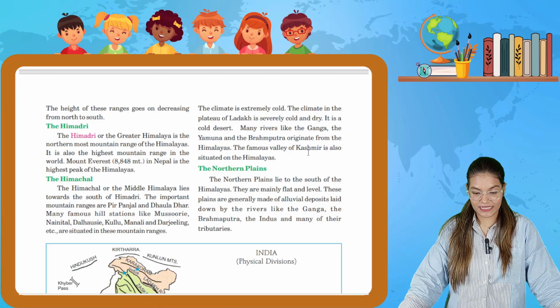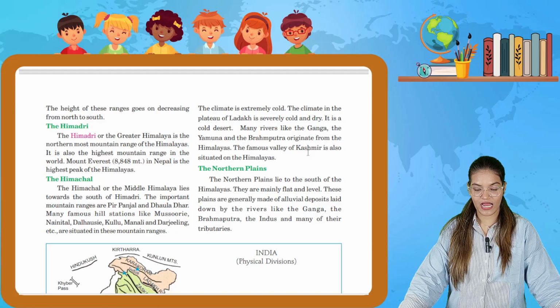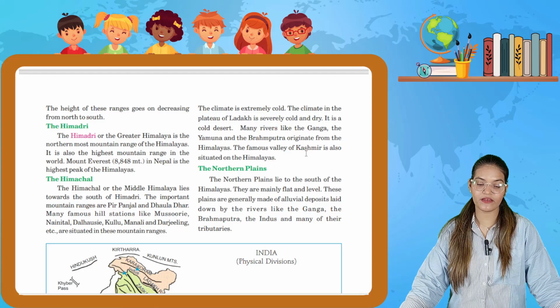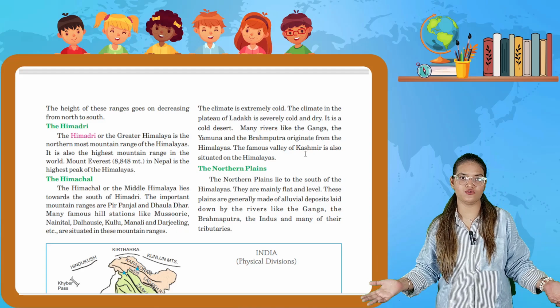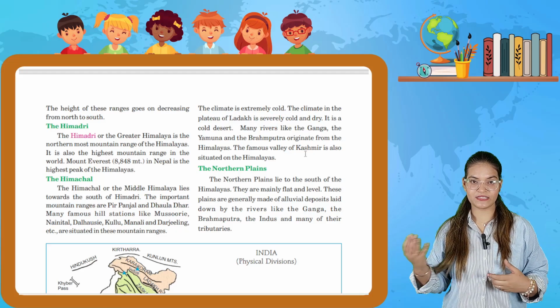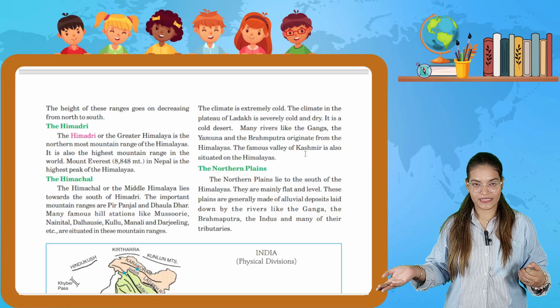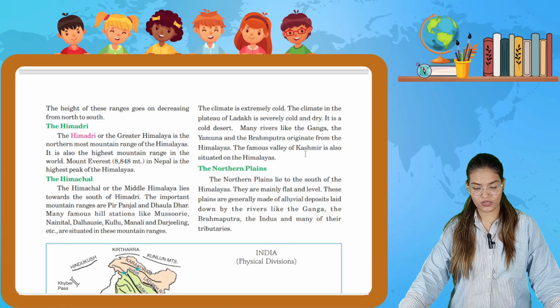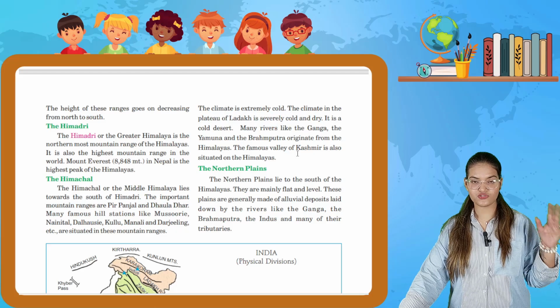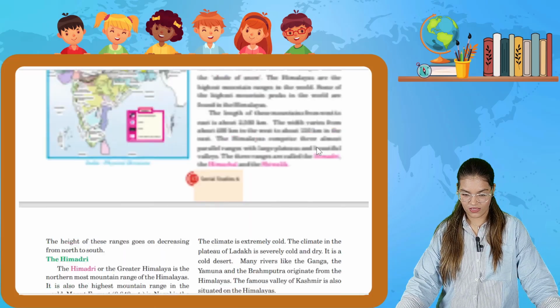Many famous hill stations like Mussoorie, Nainital, Dalhousie, Kullu, Manali and Darjeeling are situated in these mountain ranges.